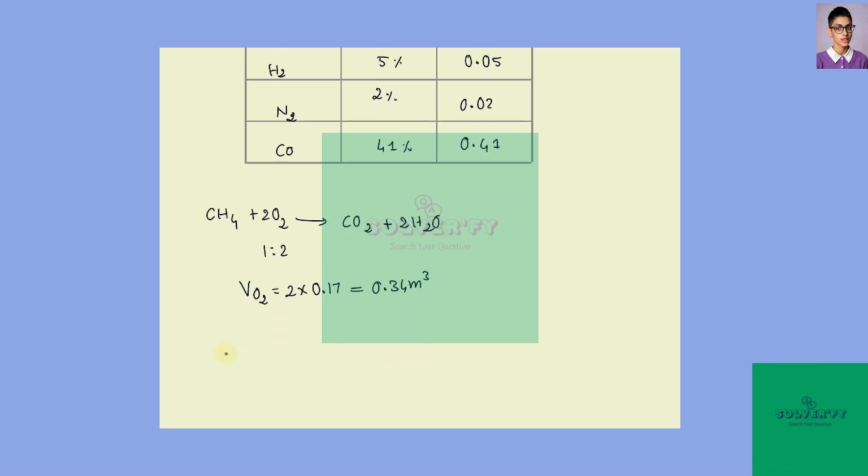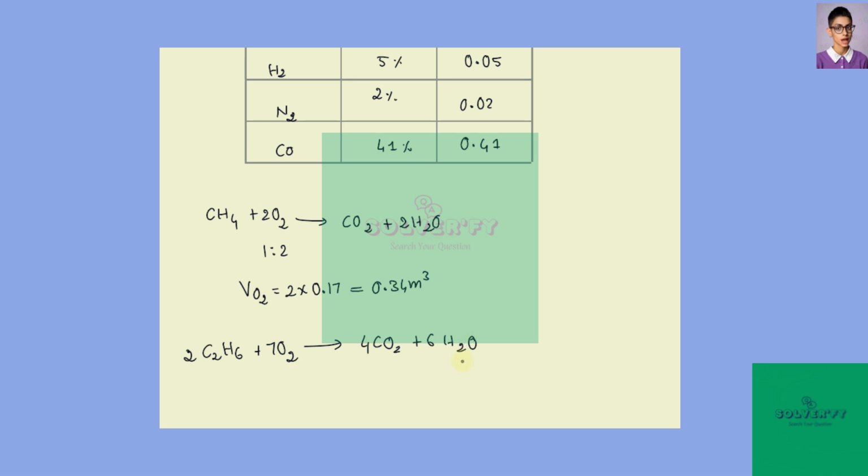Coming to the next gas, that is ethane, C2H6. 2 moles of ethane will combine with 7 moles of oxygen and give 4 moles of carbon dioxide plus 6 moles of water.